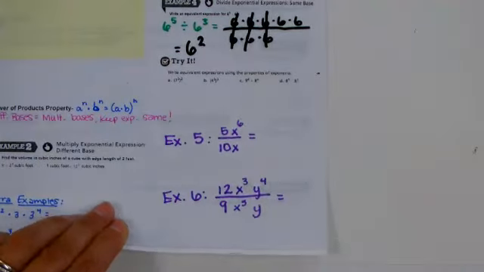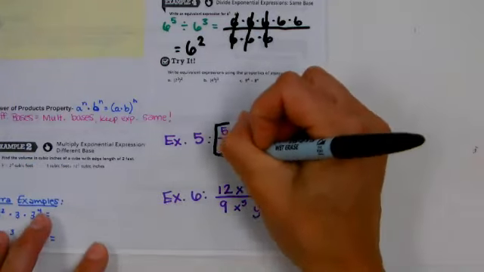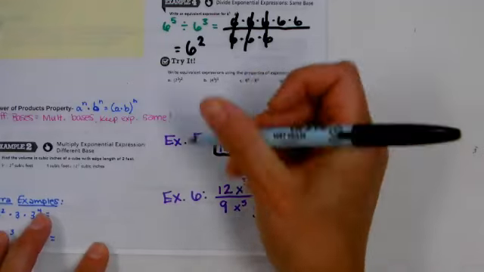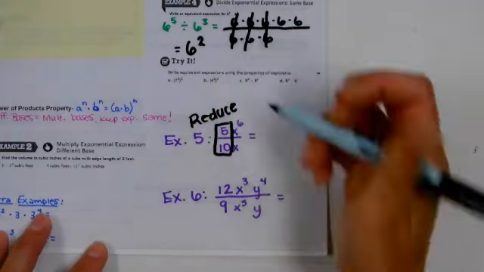Okay, I want to add example 5 here. What happens if we don't have the same base? If we have 5 and 10 as our base numbers and we have division, what we're going to do with the different bases is reduce them as a fraction.